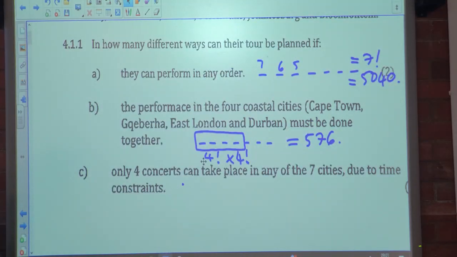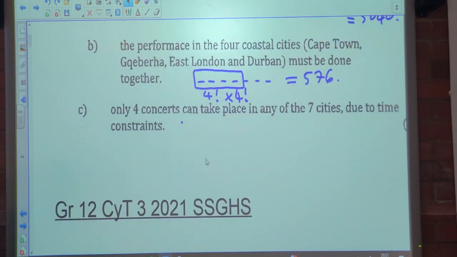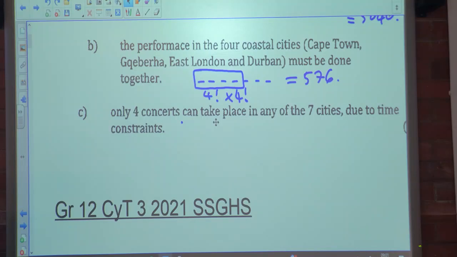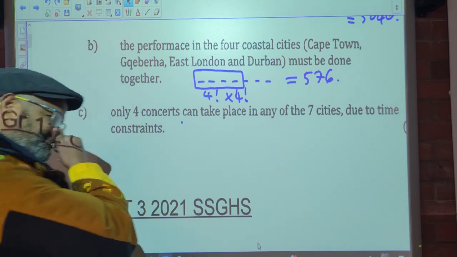In how many different ways can the tour be planned if only 4 concerts can take place in any of the 7 cities due to time constraints? How many bids would I have here? 4. Is that correct? 4.